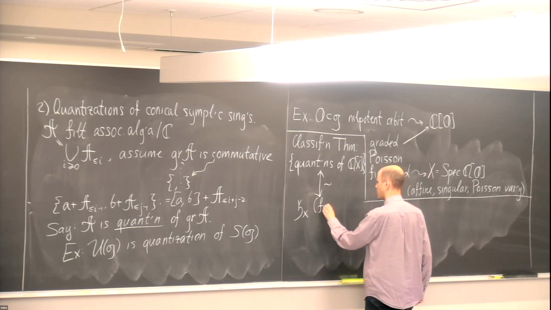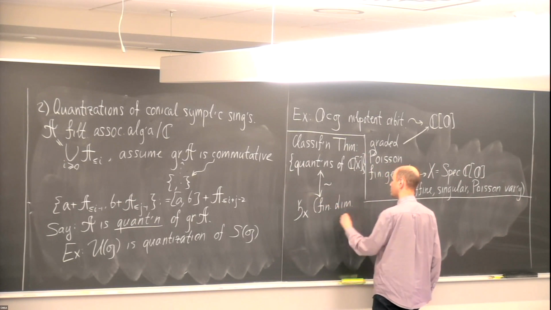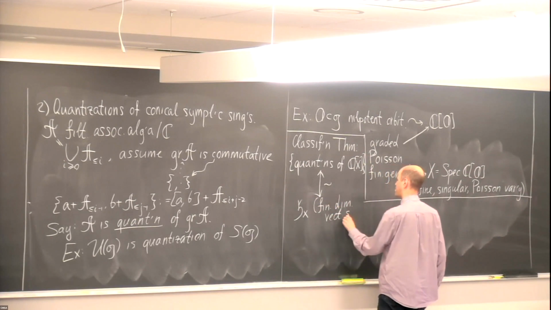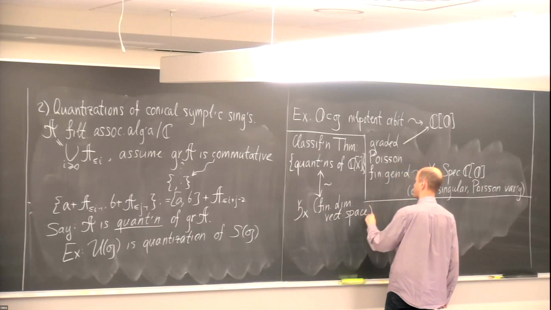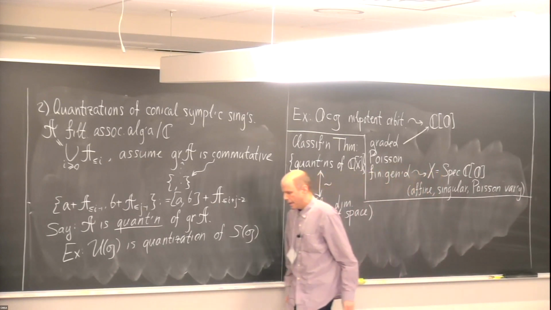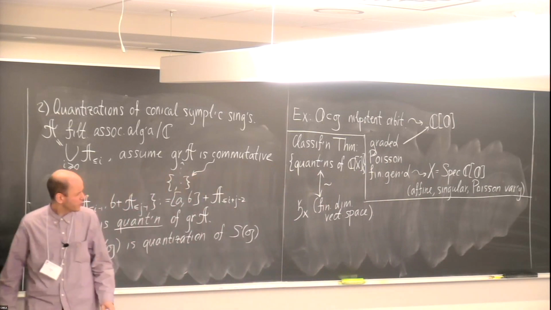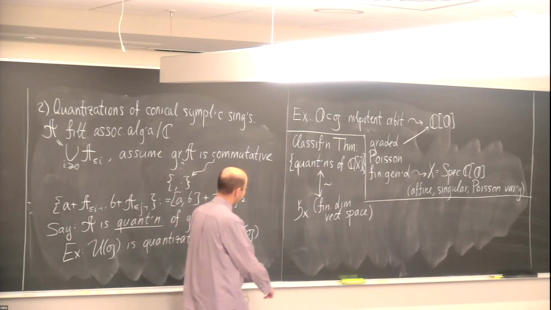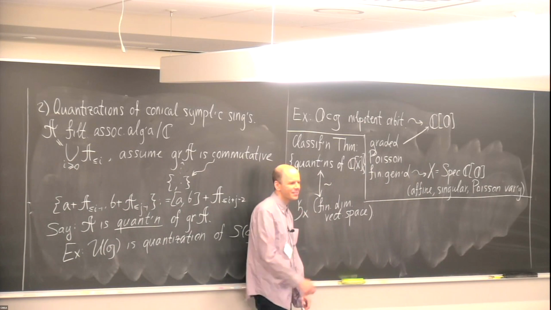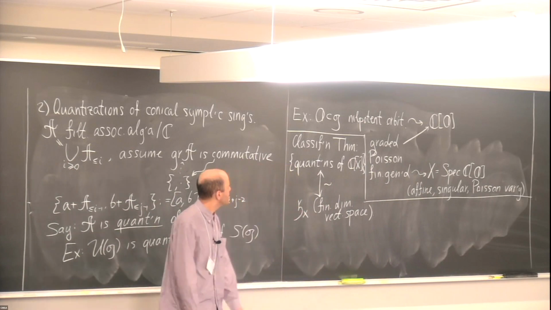So it's just a finite dimensional vector space. I will give an example a little bit later. Let me just point out that this is a slight lie. I mean, this talk will be filled with slight lies.